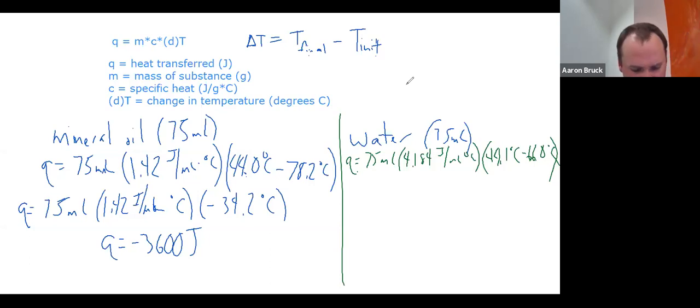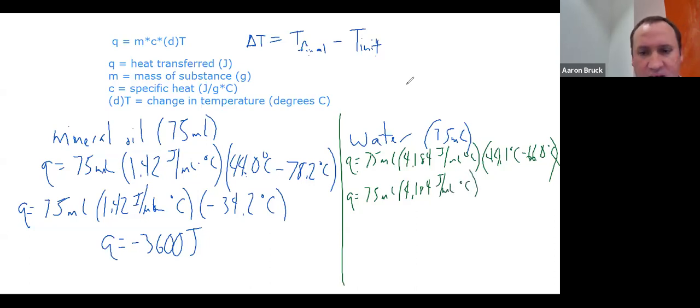So if I do my subtraction, 44.1 minus 66, I get a negative 21.9 degrees Celsius.